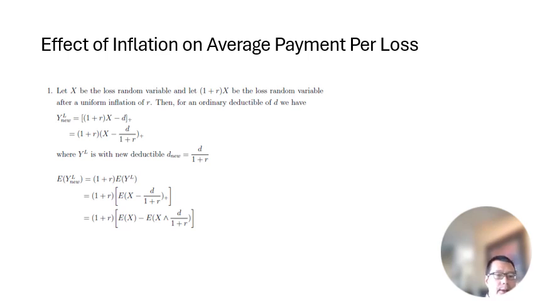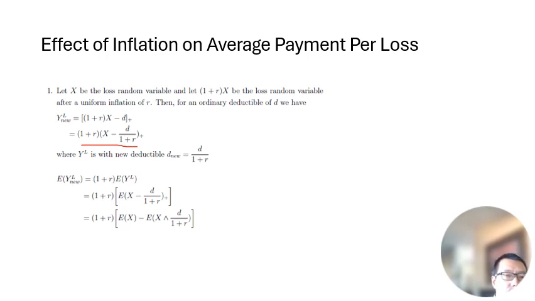Then we can deduce it to be YL equals 1 plus R times X minus D over 1 plus R. Basically, you just pull the 1 plus R outside of the parentheses. This is a practice we have done before. Basically, you just apply this factor and then we deduce the formula to get back to the original X.